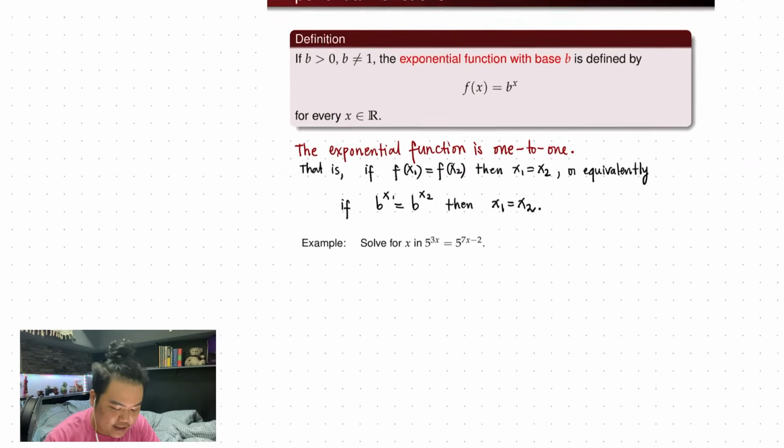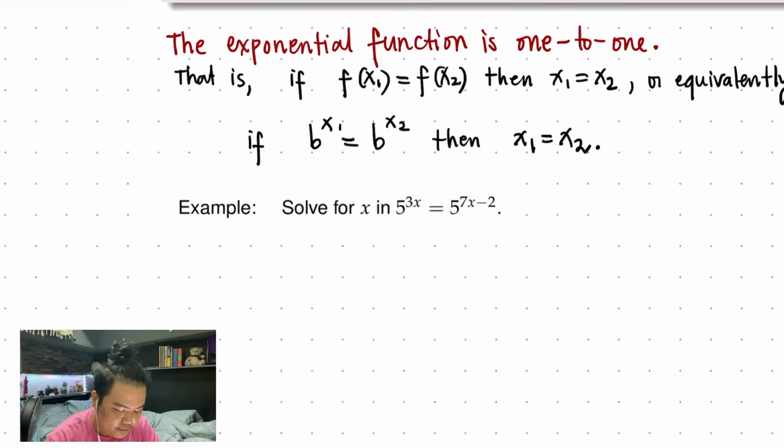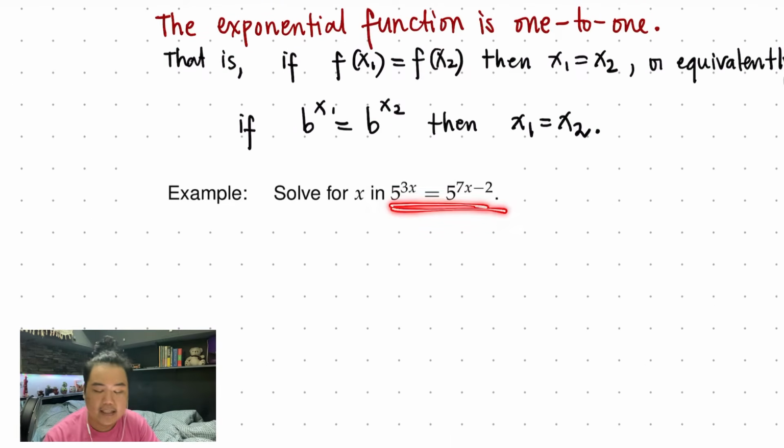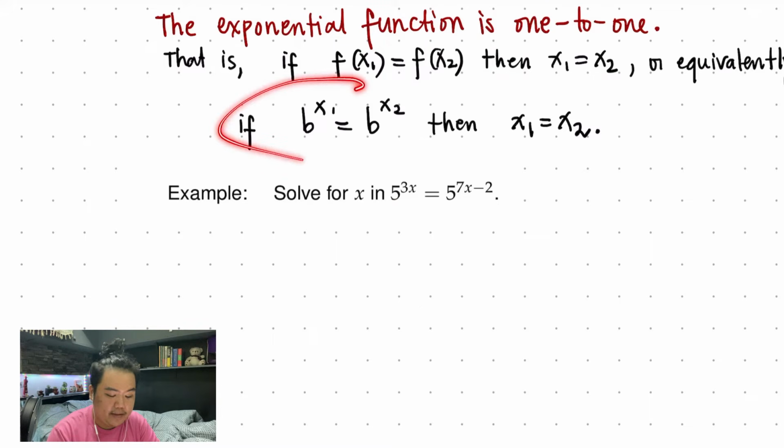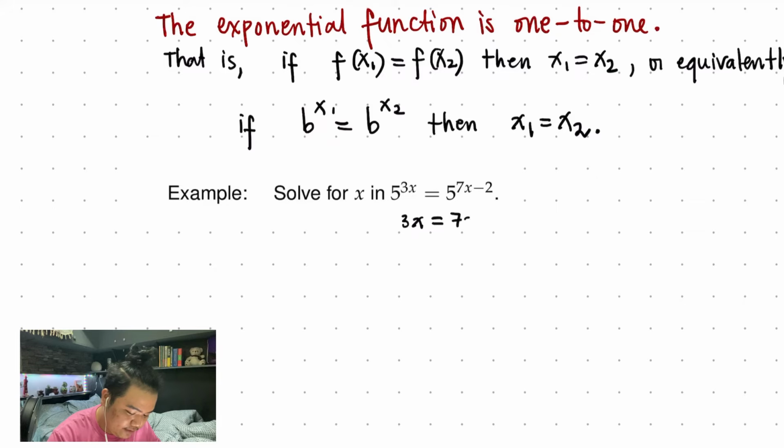So, as we can see in this example, let us solve for x in this equation. As you can see, equal, and they have the same base. The base is 5, which is greater than 0, not equal to 1. By this property, just equate the exponent. So, we have 3x is equal to 7x minus 2.